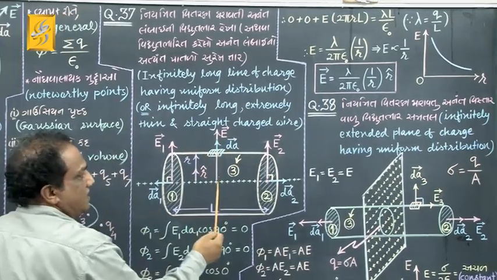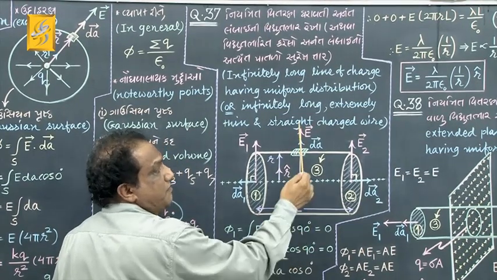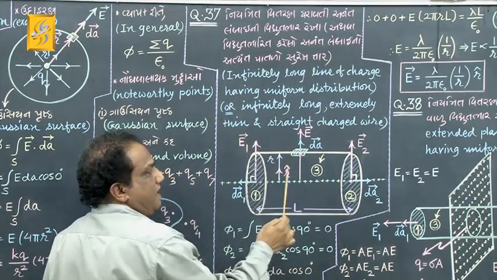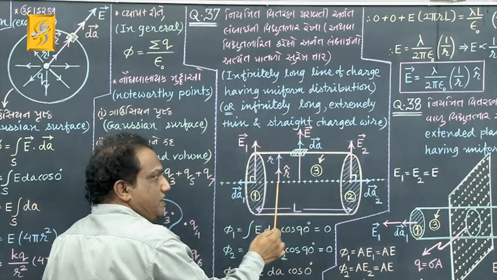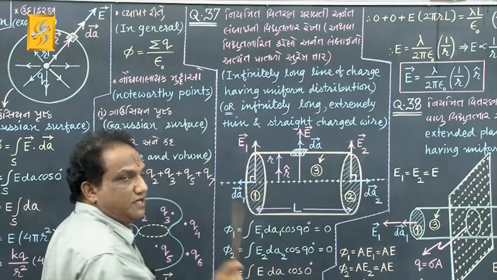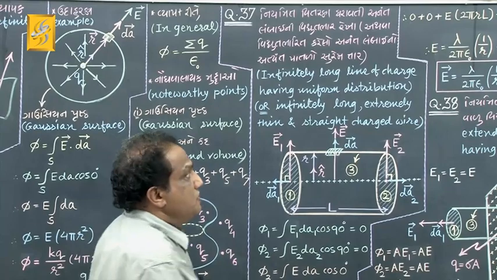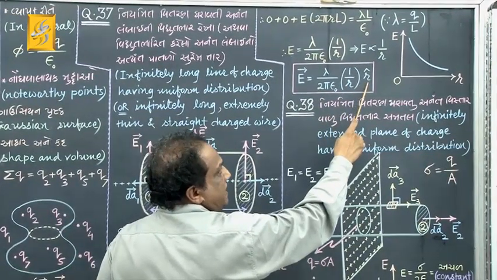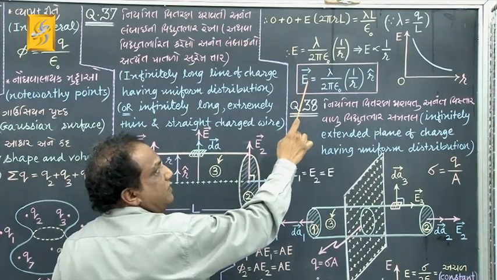The direction of the electric field is perpendicularly away from the line of charge. So in the same direction I must write the unit vector, and that unit vector is r hat, a unit vector in the direction of increasing value of r, or you can say in the direction of the electric field.